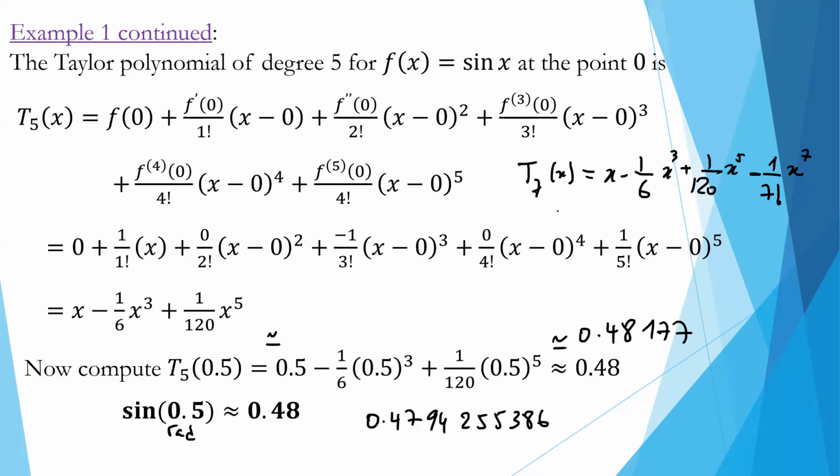So this is T7. And if you calculate T7 of 0.5, you will have a better approximation, something closer to 0.4794 than T5 of x. You can check it. Just remove this term from the previous value and you will obtain a better approximation.